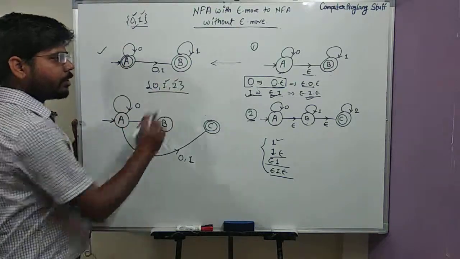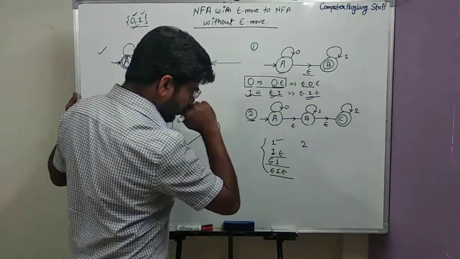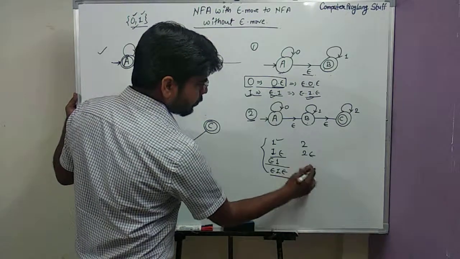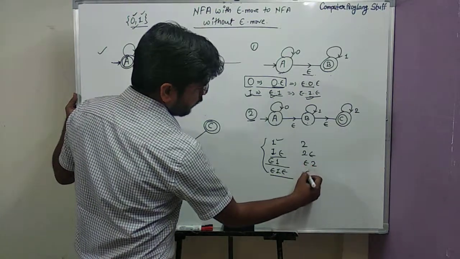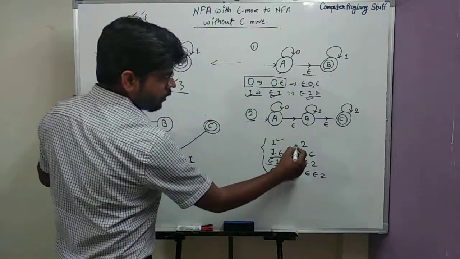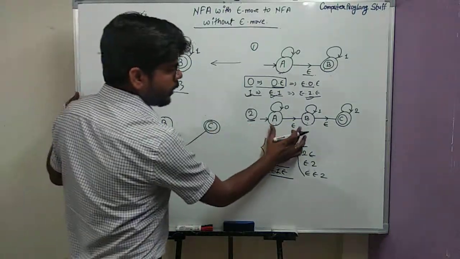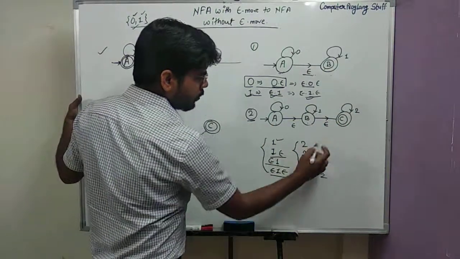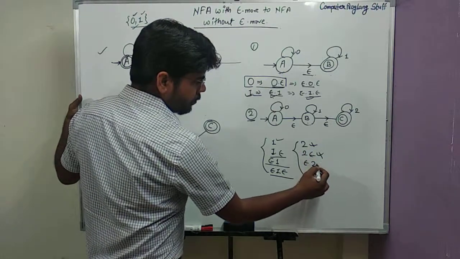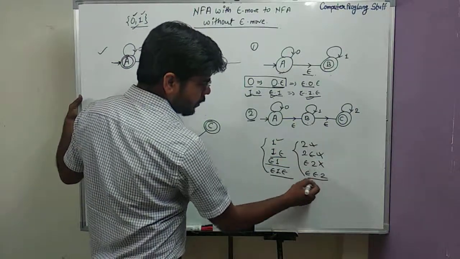Now we will see the third case, that is 2. See, 2 epsilon, or epsilon 2, and epsilon 2 epsilon. Again all these cases are the same. So see, epsilon and 2, this case will not happen, this case also will not happen, and this case also does not happen, but this will be true.